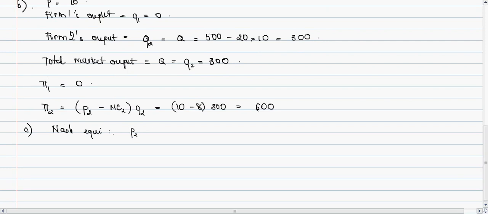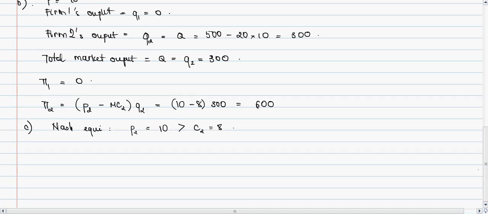Okay, so firm 2 is capturing the entire market and charging the price equal to 10, which is bigger than the marginal cost of firm 2, which is 8. Alright, so whenever the firm is charging a higher price than its marginal cost or its cost of production, then we know that the market is not efficient, and the total welfare in the market is not maximized.